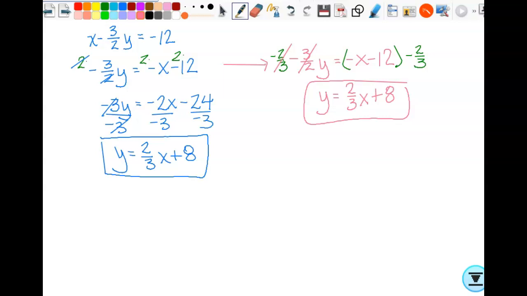But there's a difference between bad handwriting and unorganized work, because some people can have very good handwriting, but their work doesn't make any sense. Your work has to have a flow that anybody that has any clue about math could follow along with what you're doing. So you can't just have stuff everywhere. It doesn't necessarily have to look exactly like mine, but just organized in some fashion. All right, we good? Any questions?